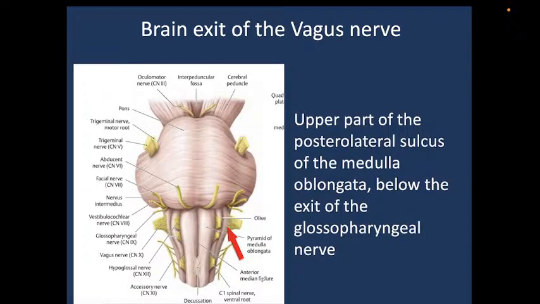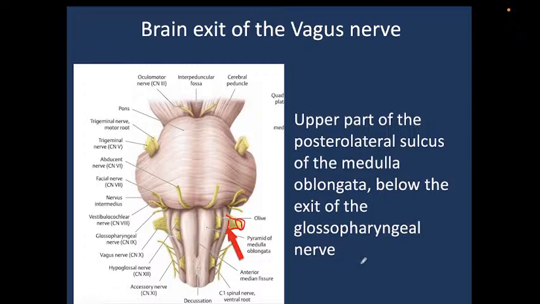Where the vagus nerve exits the brain, lower than the glossopharyngeal nerve, you see the vagus nerve is large and thick. It is really one of the thick cranial nerves. It is located here.